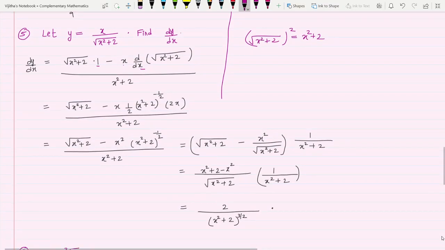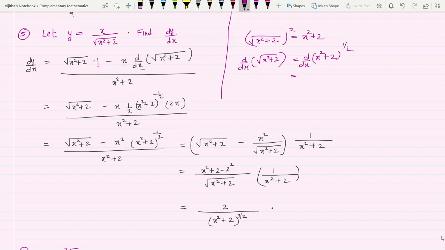Now here we have to find d/dx of root of x^2 + 2. This is nothing but d/dx of (x^2 + 2)^(1/2).